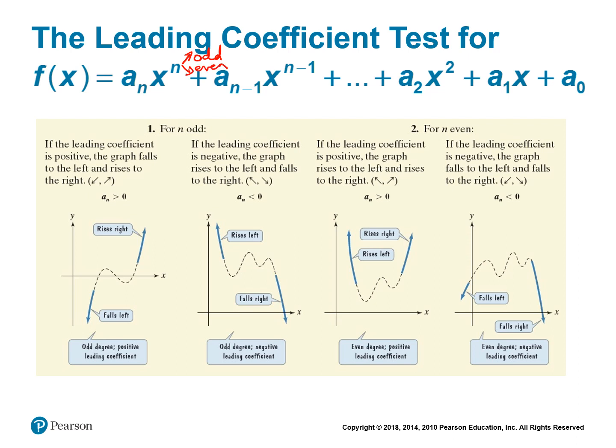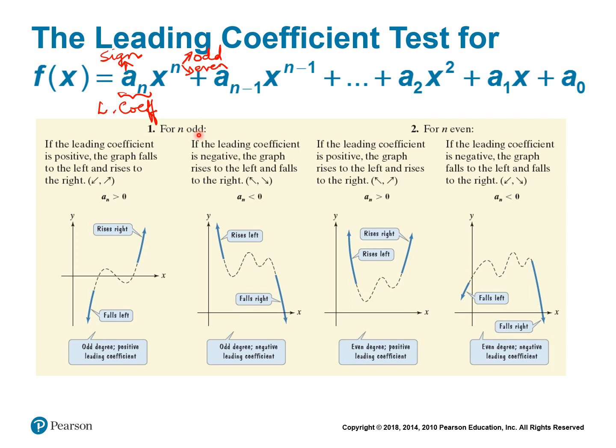So first we have to look at the exponent of the leading term and figure if it's an odd value or an even value. Once we do that, we look at the sign of the leading coefficient. So a sub n is the leading coefficient of the polynomial. We have to look at the sign that goes with a. So let's read through the slide and look at the diagrams.